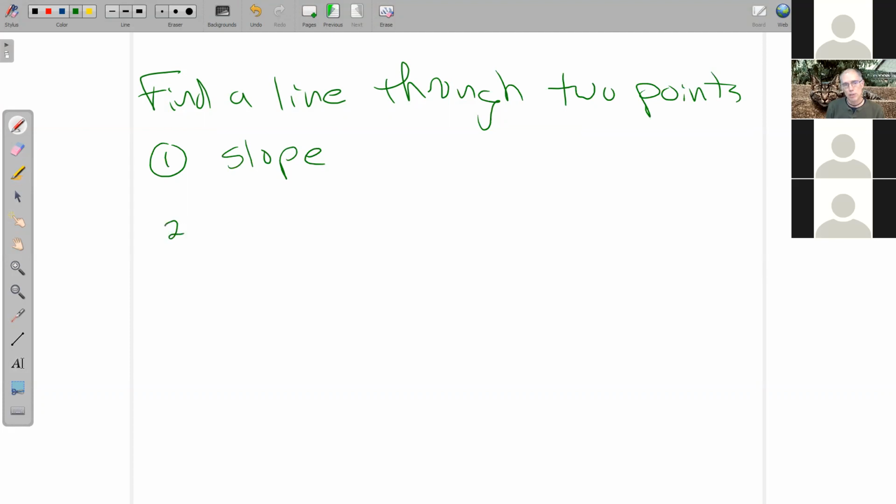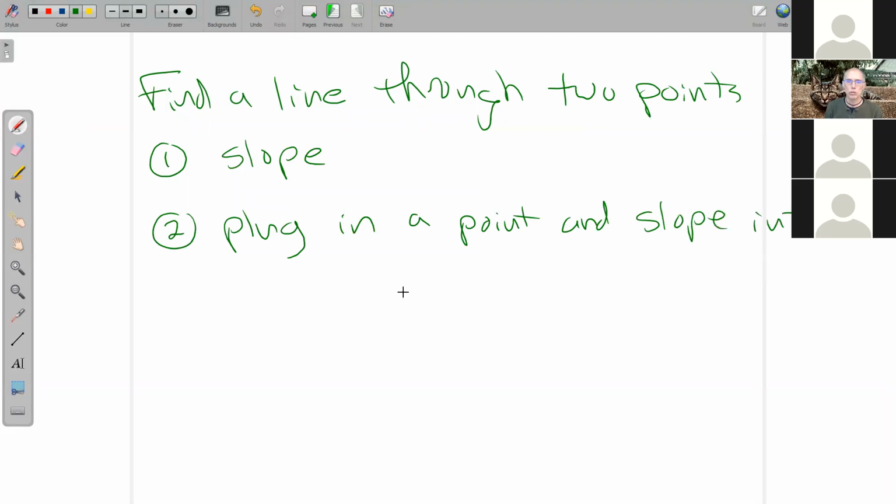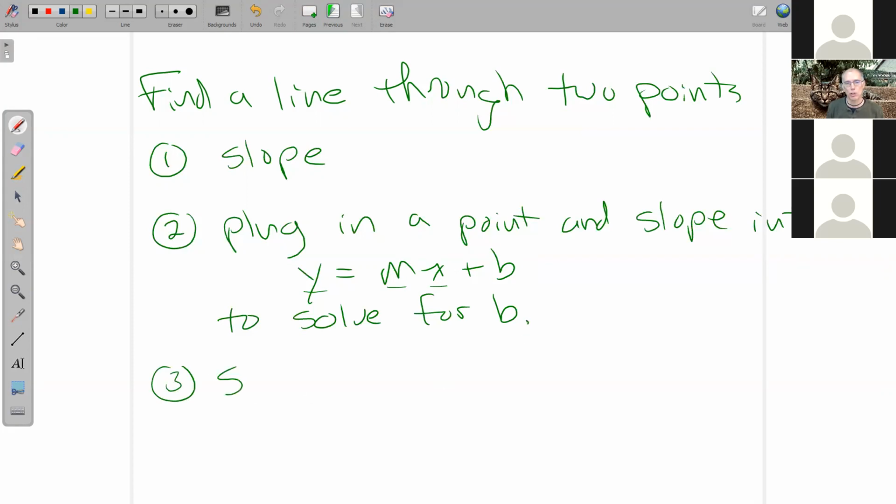The second step is to plug in one of the points, so a point, and the slope into y equals mx plus b, so that you can solve for b. So that's what we did with Raj's problem. We found the slope. We plugged in one of his points, the y value, the x value, and m, so that we could solve for b, and then finally we can state the full equation.